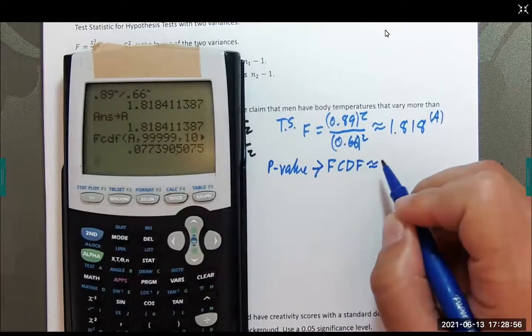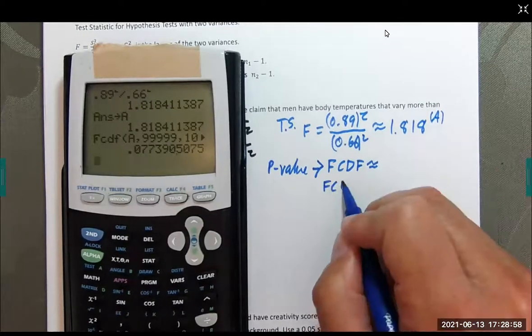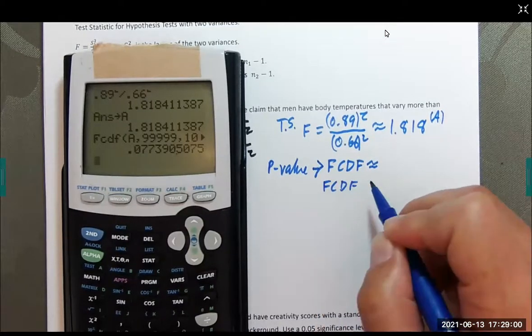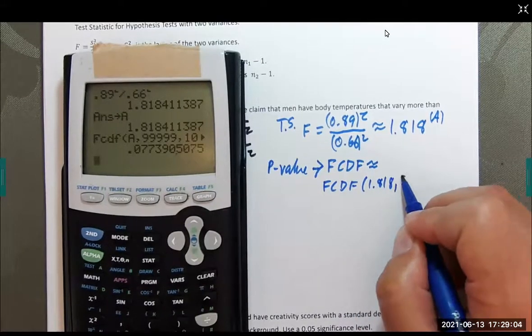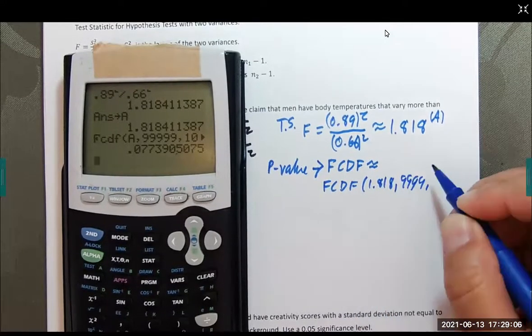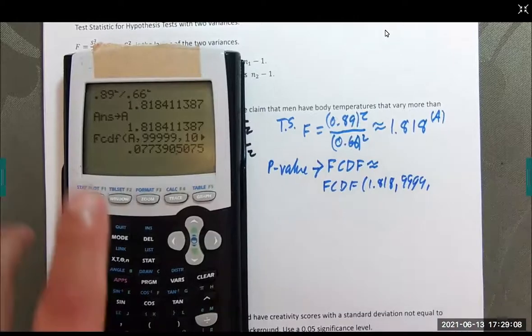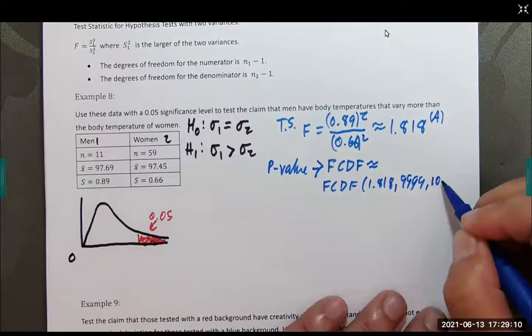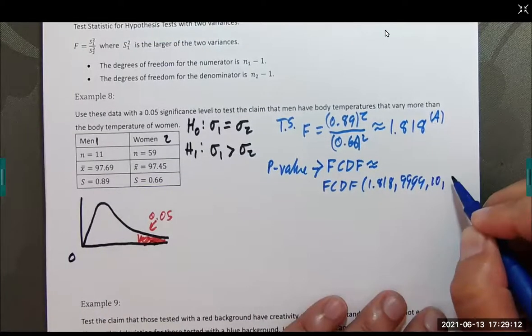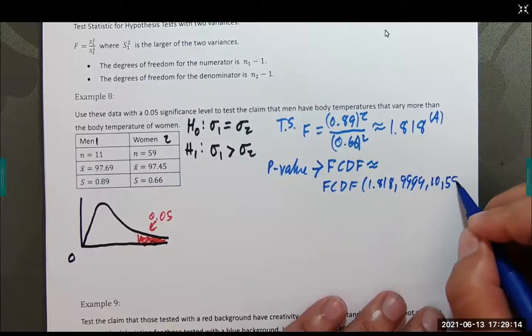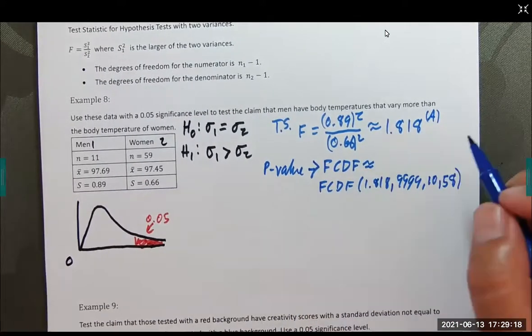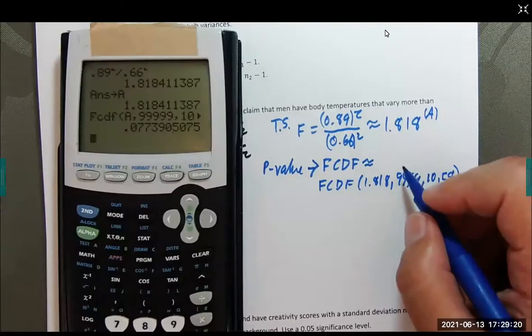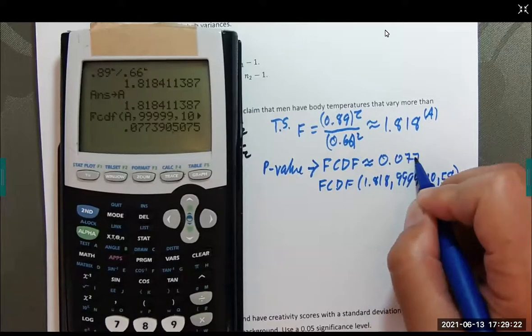Oh, I didn't write it out. FCDF, this is going to be 1.818, comma 99999. Degrees of freedom of the numerator were 10, and the denominator 58, which gives us 0.07739.